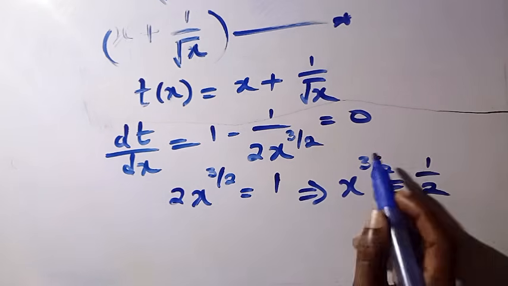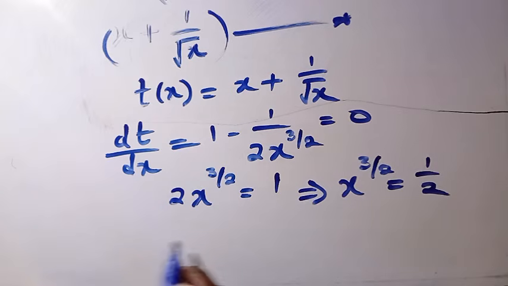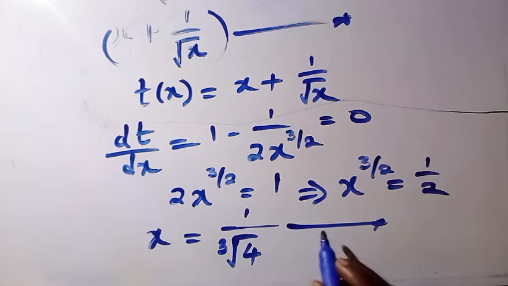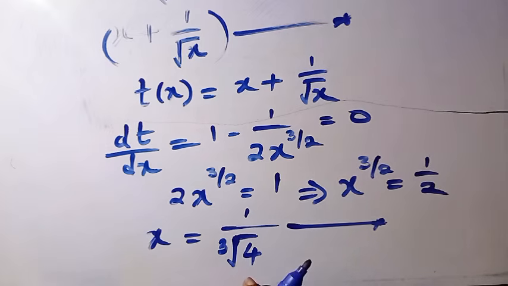By taking the square of both sides first and later the cube root of both sides, what we have is x equals 1 divided by the cube root of 4. Initially I said, what is the critical point? So x equals 1 divided by cube root of 4 is the critical point.